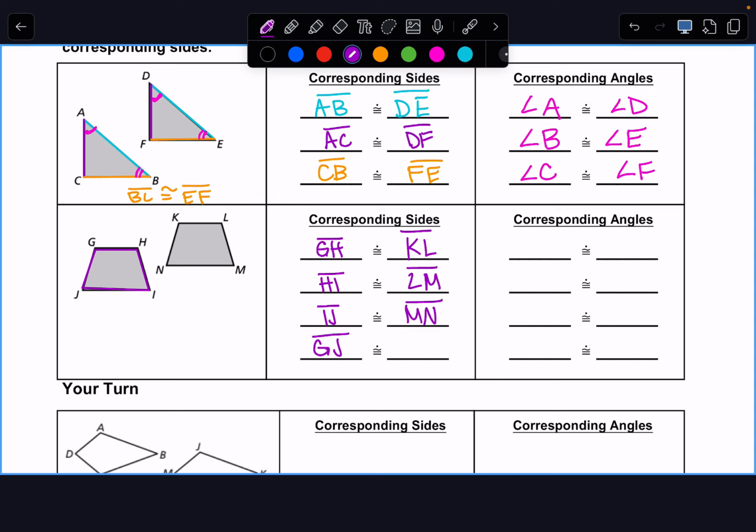And if I name it GJ, then Elaine, what do I put here? GJ. So here's GJ.